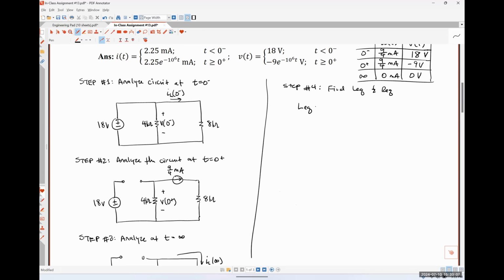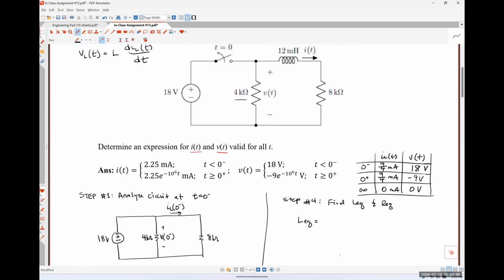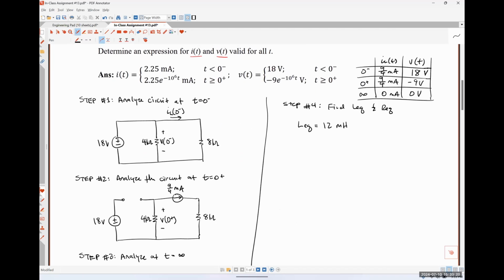So what should LEQ be? 12 millihenries. 12 millihenries, because it's the only inductor in the circuit, so it can't be anything else. To find REQ, we're going to look at the circuit during the transient condition. So that means our switch is open.